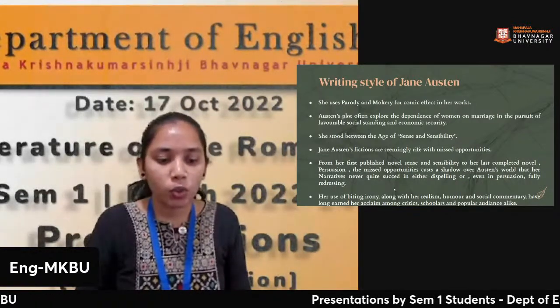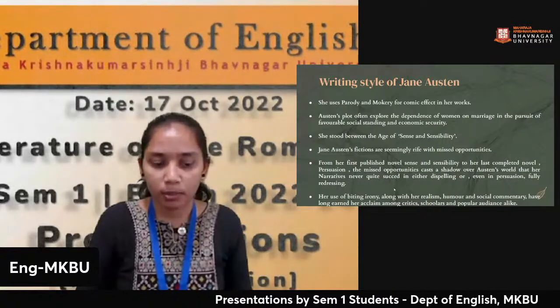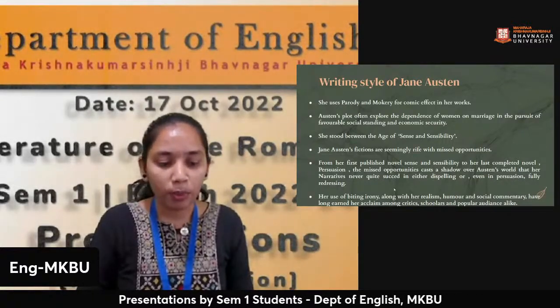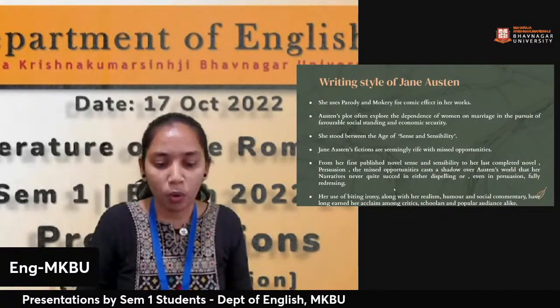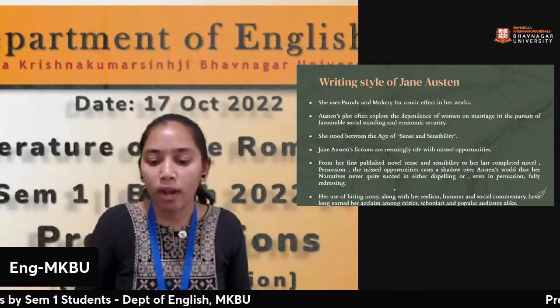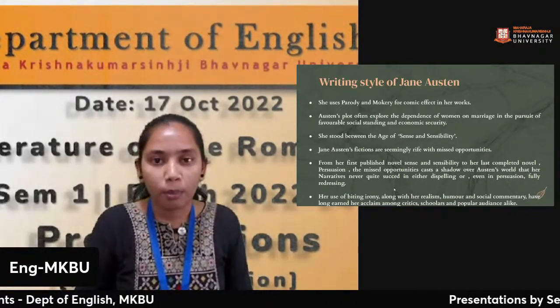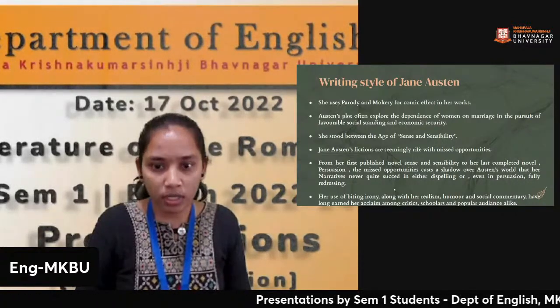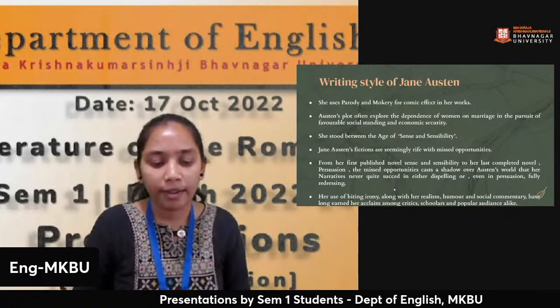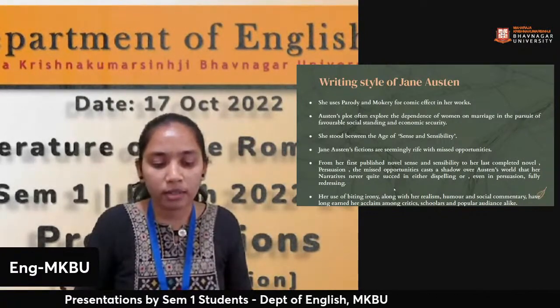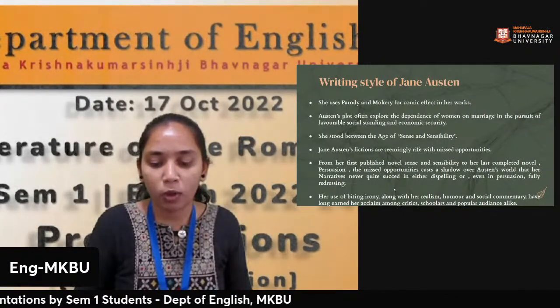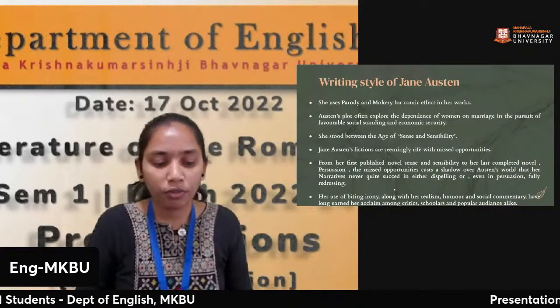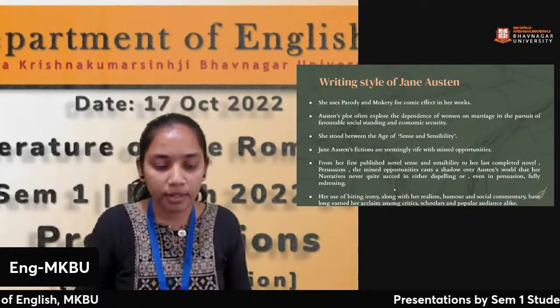She stood between the edge of sense and sensibility, from her first published novel, Sense and Sensibility, to her last completed novel, Persuasion, the missed opportunities cast a shadow over Austen's world that her narrative never quite succeeds in either dispelling or even in Persuasion fully redressing.